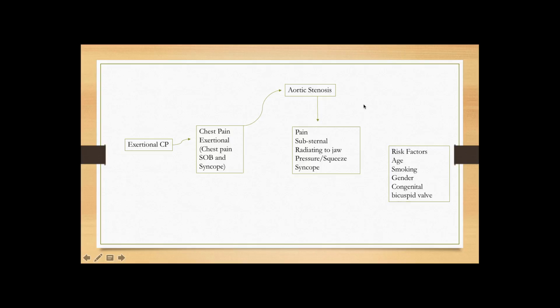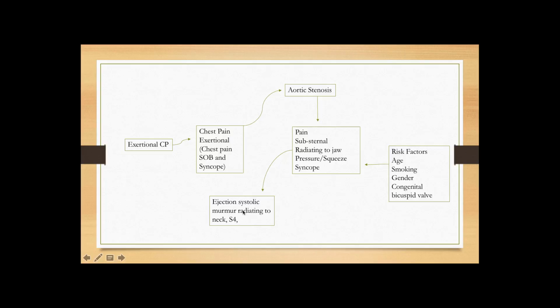So if somebody comes in quite young, in their 40s or 50s, with the symptoms, and you know from their history that they have a congenital valve, then you can start thinking about aortic stenosis. You can see that these risk factors are very similar to the cardiac ischemia risk factors. Therefore it becomes very important to take a good history, because there are some distinguishing features here, and do a good exam that will distinguish between aortic stenosis and cardiac ischemia.